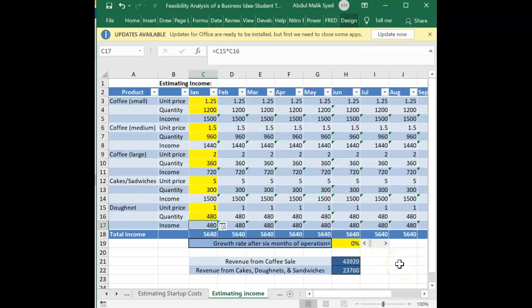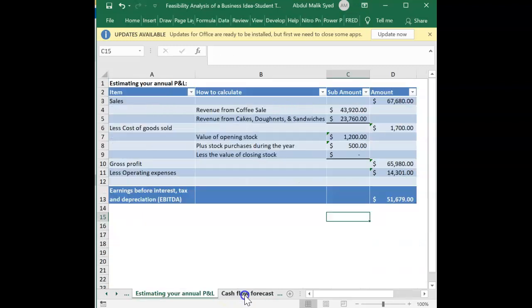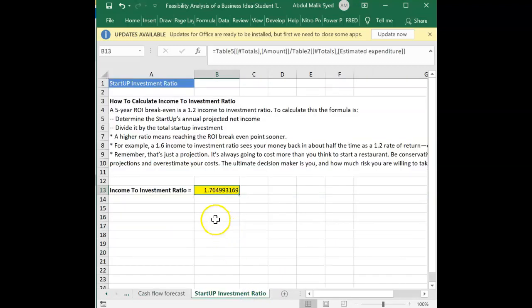So now you see the changes happening automatically. Your profits have increased tremendously. Now see what is your startup investment ratio. See, it has become 1.76. So it's a good business.